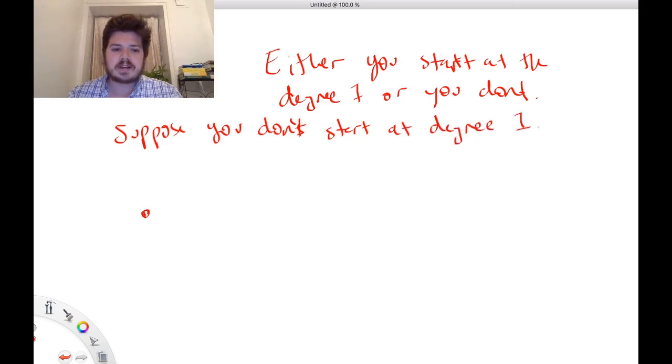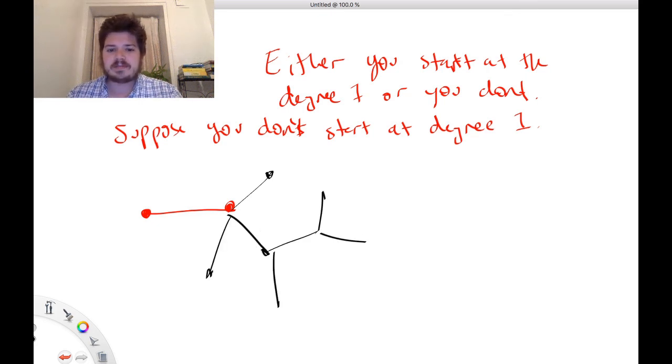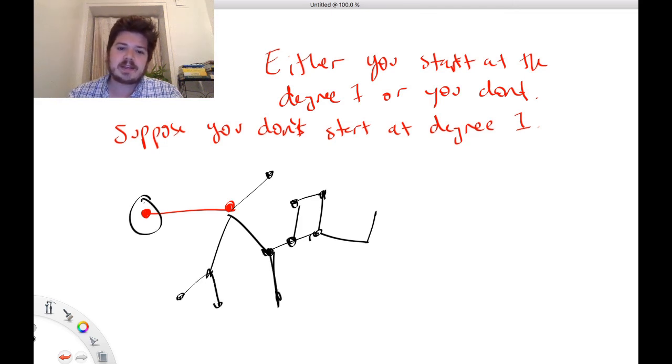So here's your degree 1 vertex. And maybe here's some other part, you don't know what the graph looks like. It could be this very interesting graph. But suppose there's at least one vertex of degree 1. Let's call it here.